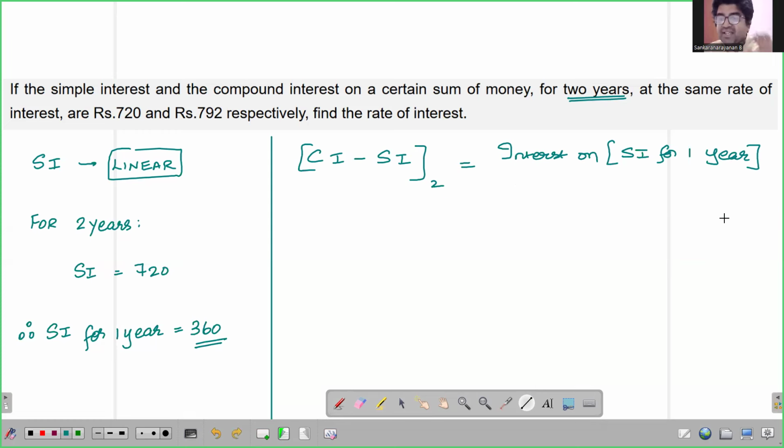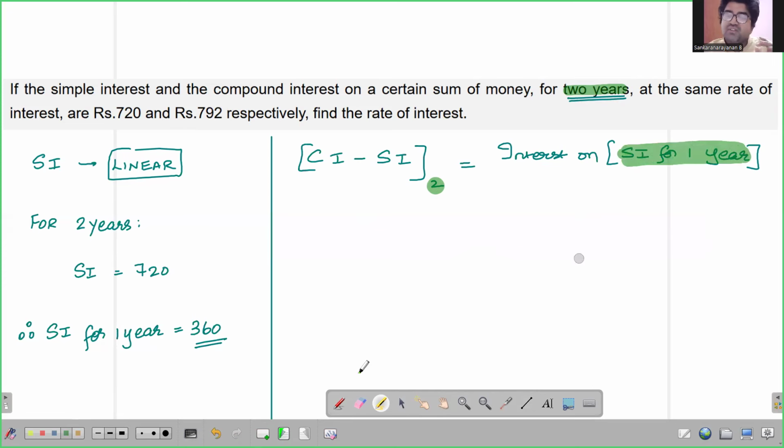When you are comparing the difference between simple interest and compound interest for a span of 2 years, please note, this is very important. That's why when I read the question, when 2 years came, I said it's very interesting to see. So for this comparison, CI minus SI for a span of 2 years will be interest on something. What is that? Interest on simple interest for a span of 1 year.